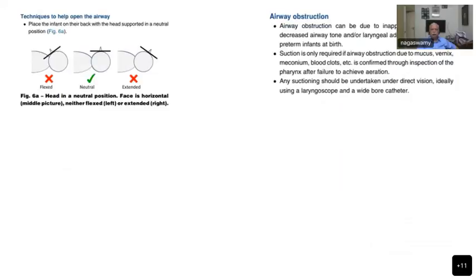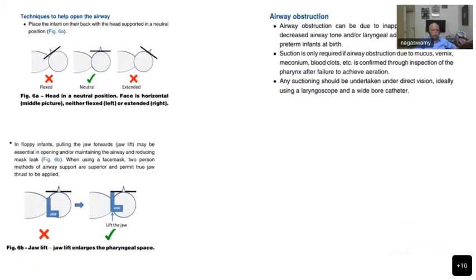And if there is an airway obstruction, you just have to correctly position the child. That itself is important enough to maintain the air entry. It should be neither too flexed nor extended; it should be in the neutral position. And lifting the jaw is sometimes more than enough.